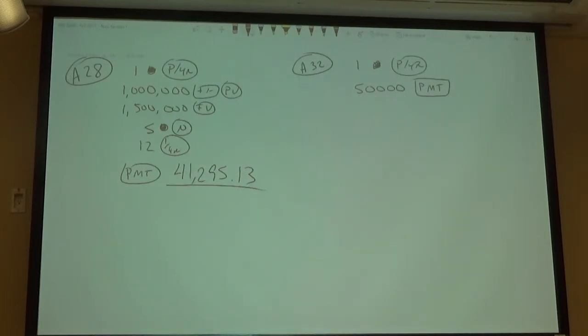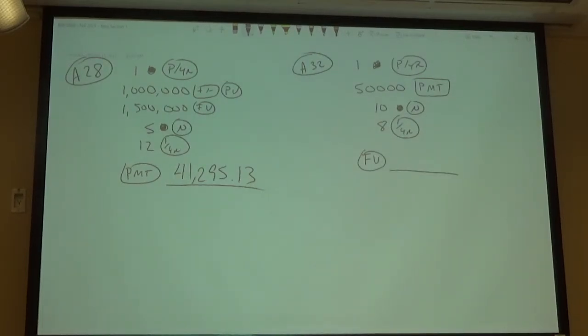And for 10 years, we are going to invest them at 8%, and we are basically solving for future value.